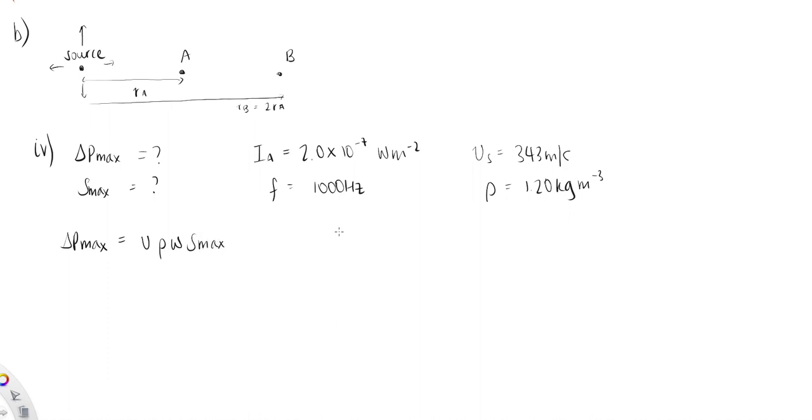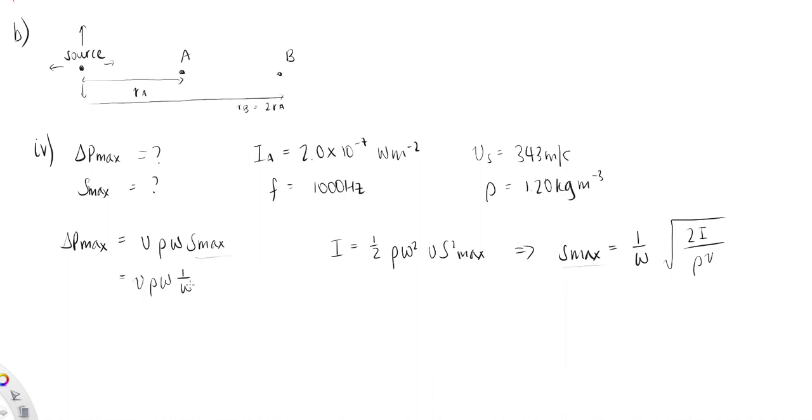Now you'll recall that in the previous part we actually got an equation out for S max. I'll just write it again over here. Okay, so now we can just sub in S max over here. Let's do the appropriate cancellations, and we'll actually take v and rho into this square root here.